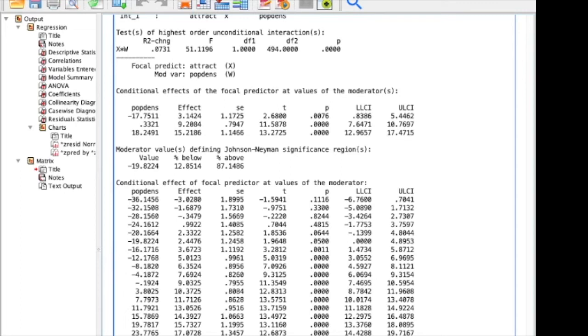It's not always going to be just this one value. It's actually pretty common for there to be multiple. I'll probably draw a picture in lab of what some of these interactions could look like. It isn't always going to go from not significant to significant.